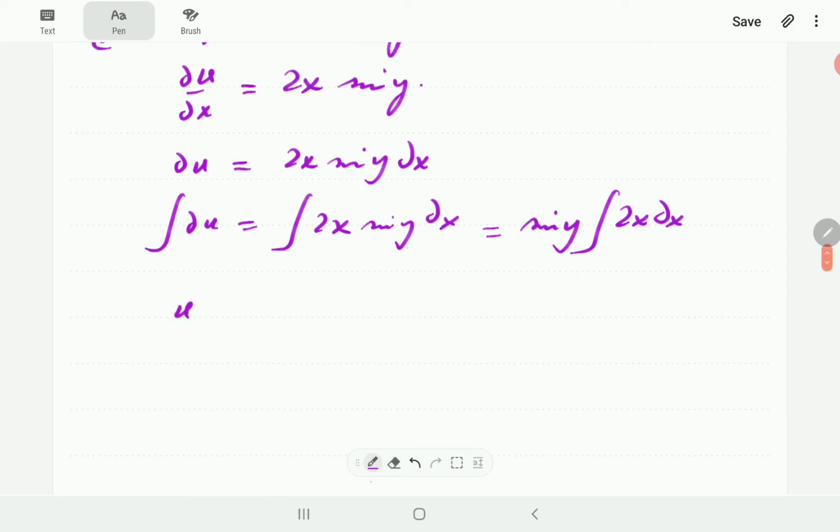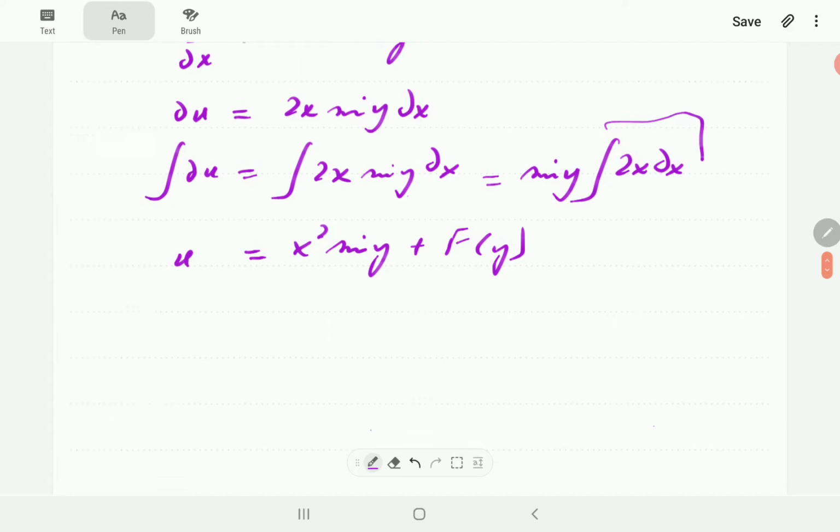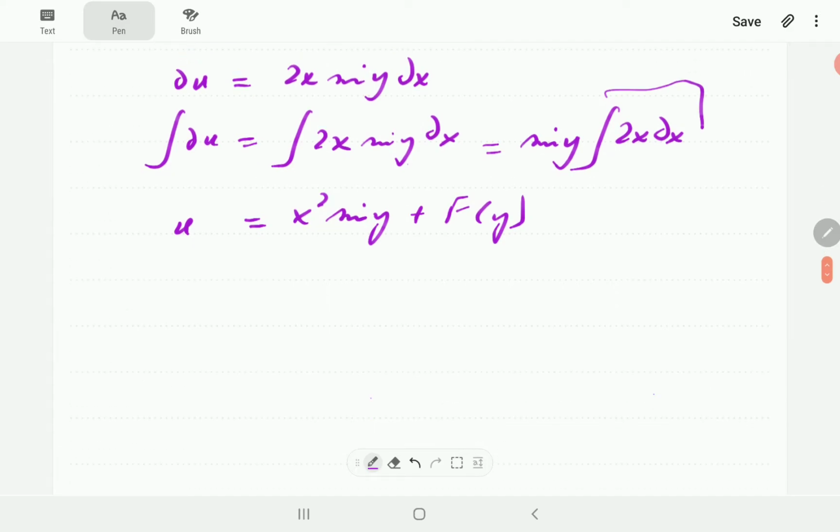So on the left hand side we're going to have u, then on the right hand side this is going to integrate to x squared, so we're going to have x squared sine y. And then since we're integrating partially with respect to x, this is going to be plus an arbitrary function of y, and so that's going to be our general solution for A.